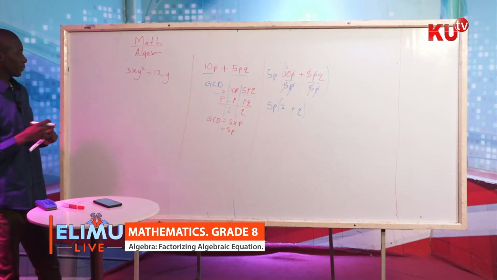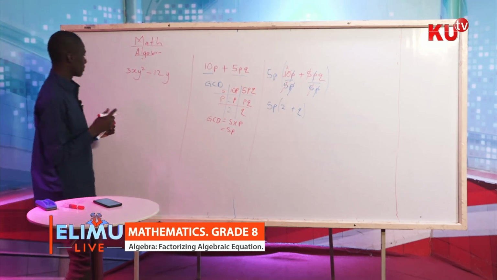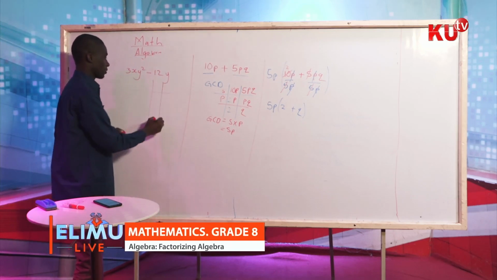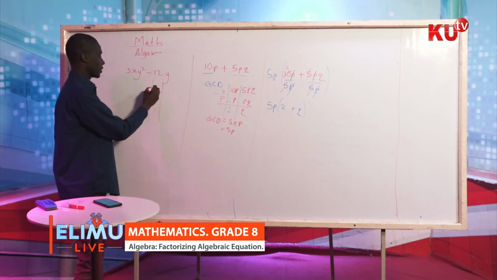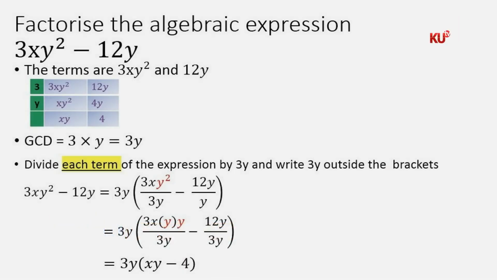The first thing will be for us to get the GCD of the two terms, and we're going to begin by drawing the GCD table, where our first term will be 3xy squared, and our second term will be 12y. So our GCD will be equivalent to 3 times y, which is 3y.